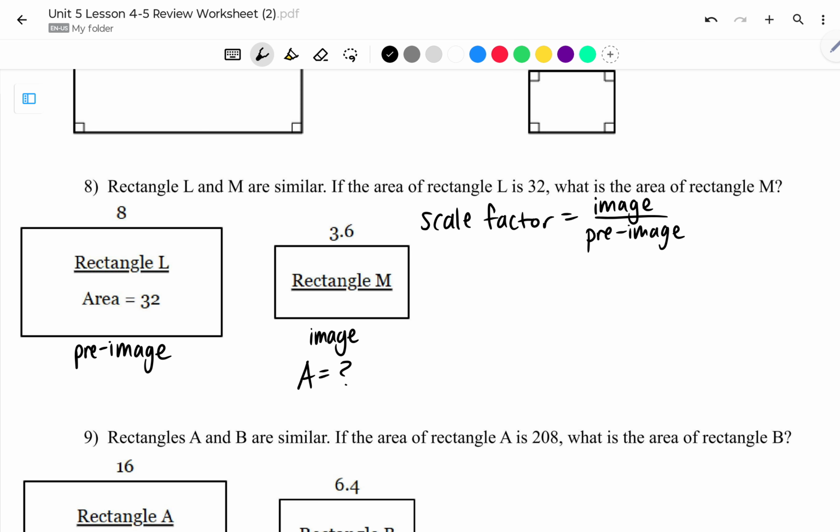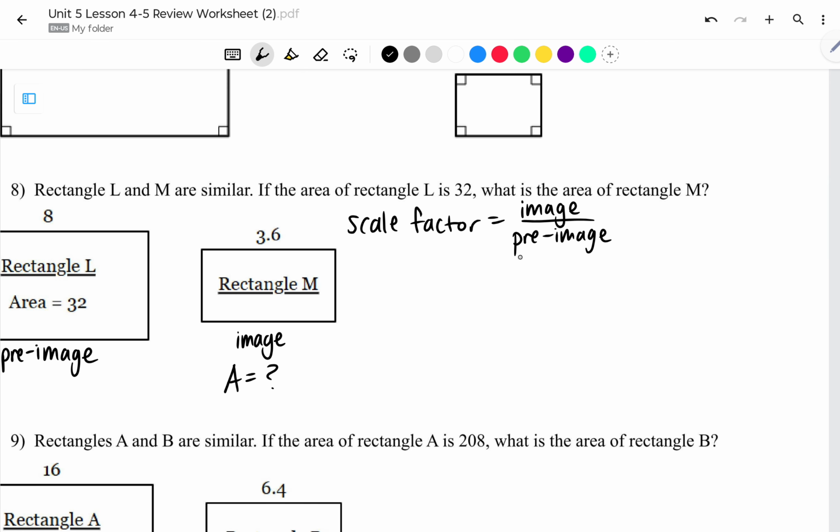Okay. So I'm going to rewrite our formula. The area of the image is equal to k squared times the area of the pre-image. But again, k, the scale factor is also k, right? But we know that the scale factor can be rewritten as a ratio of sides. So I'm going to rewrite this.